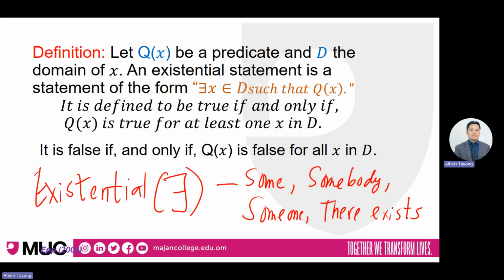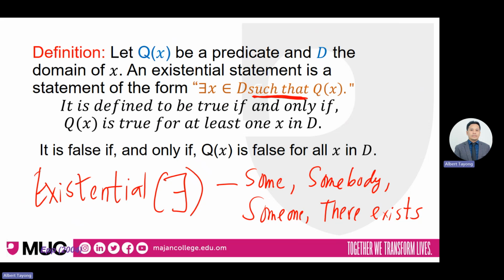So it means one or more, but not all. So usually we use such that, but also we can remove this if we have action words by using whose or some other words. Okay, so let me give you examples for you to understand.